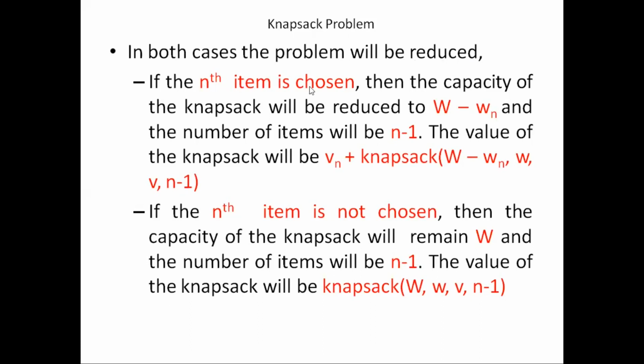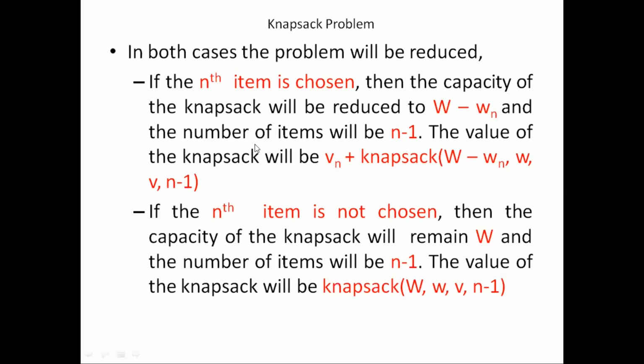If the nth item is chosen, if I select the nth item and put it in the bag, what happens is the capacity of the bag will be reduced to capital W minus Wn. Because I already put one item, the empty space will be reduced and the number of items will be reduced to n minus 1. Earlier the number of items is n, whereas I have taken one item, the leftovers will be n minus 1.